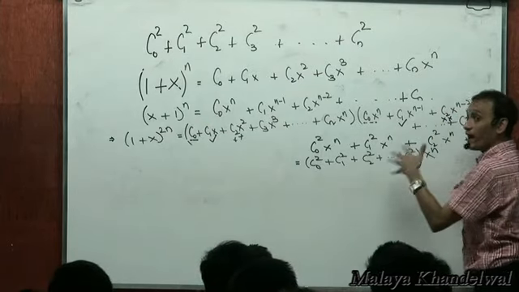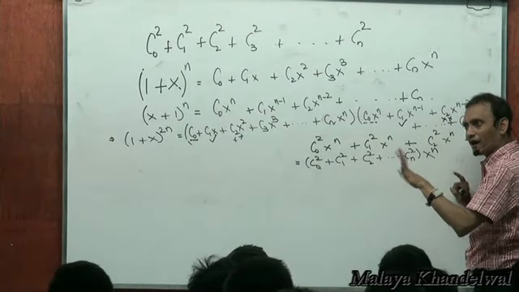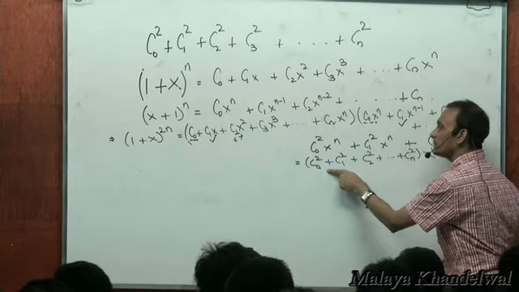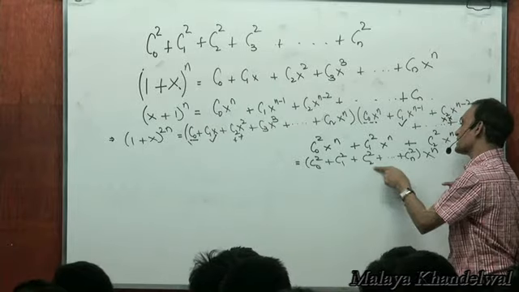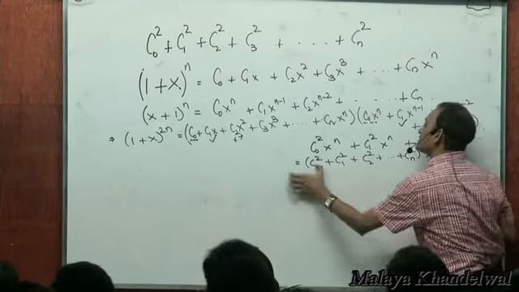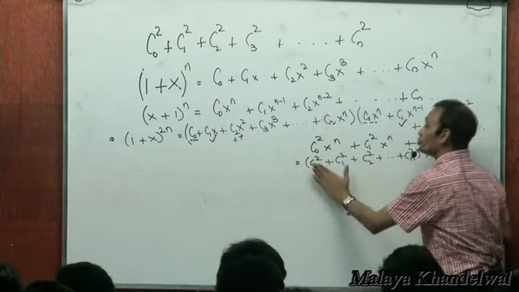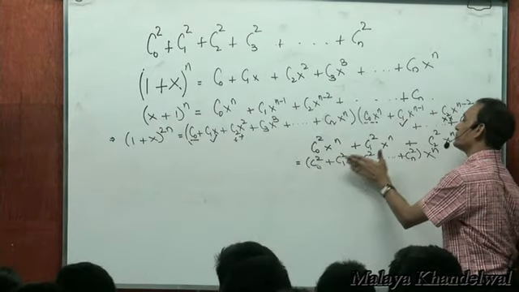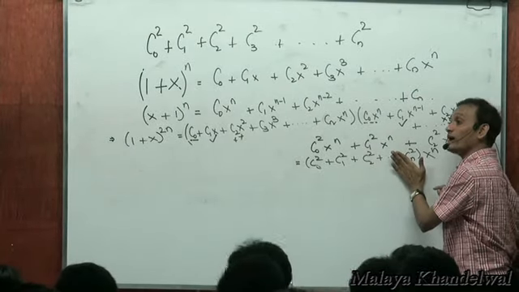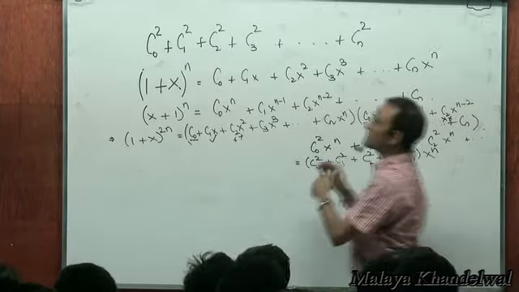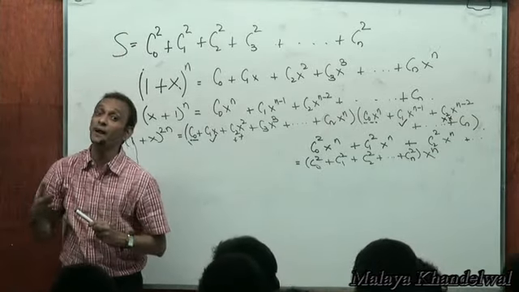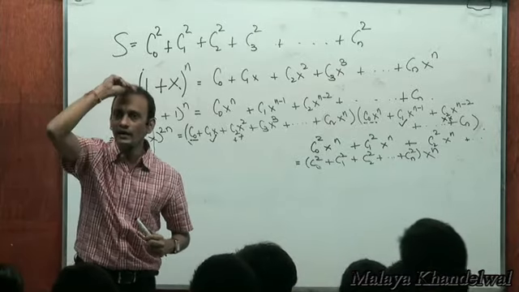So the x^n terms on the right hand side would be of the form (c0 squared plus c1 squared plus c2 squared plus ... plus cn squared) x^n. So what's the coefficient of x^n on the right hand side? c0 squared plus c1 squared plus c2 squared plus ... plus cn squared. That's the coefficient of x^n on the right hand side, which is this required sum S.